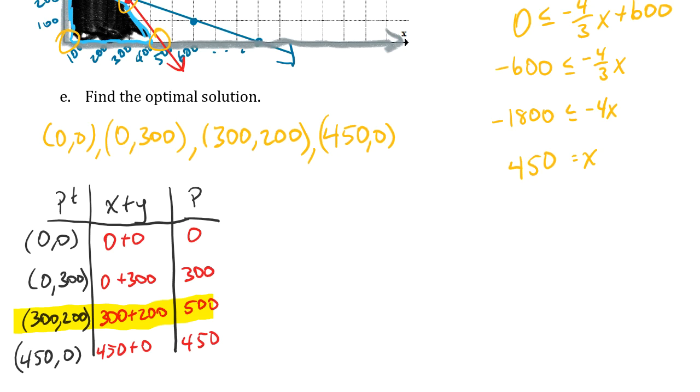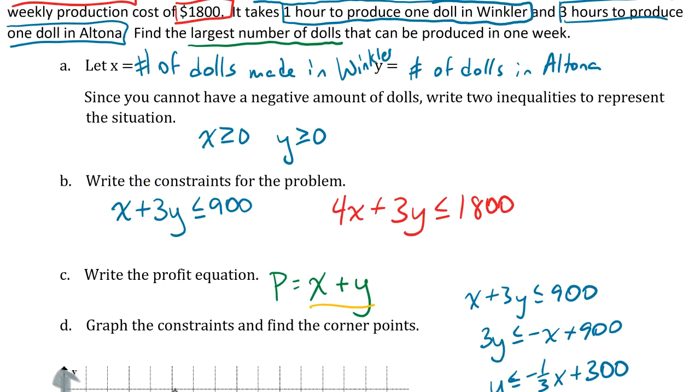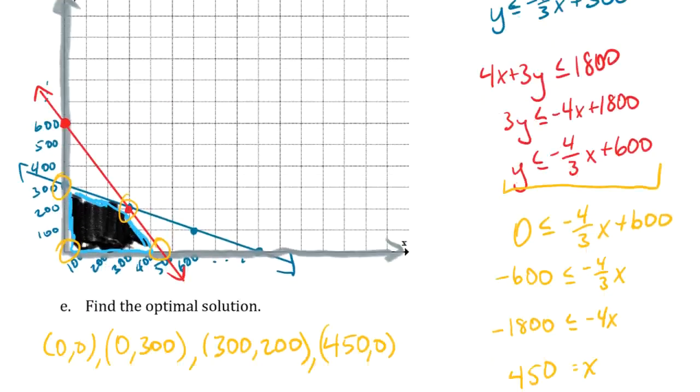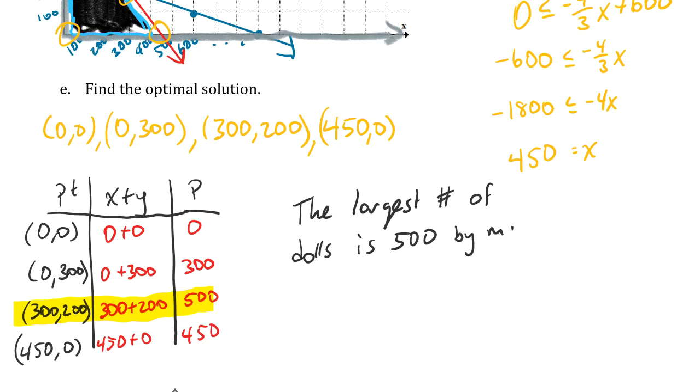So our optimal solution was we were looking for the largest number of dolls. Okay. So the largest number of dolls is 500 by making 300.